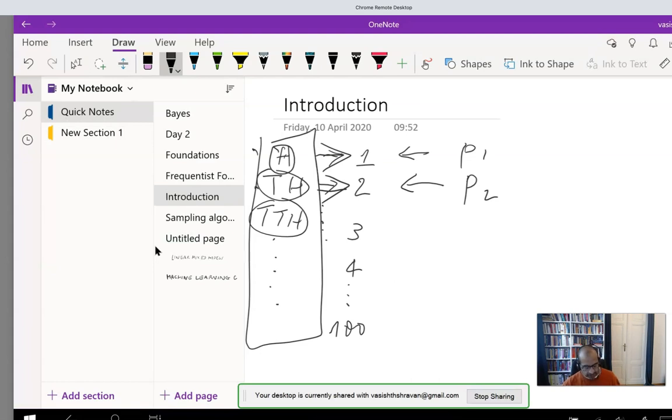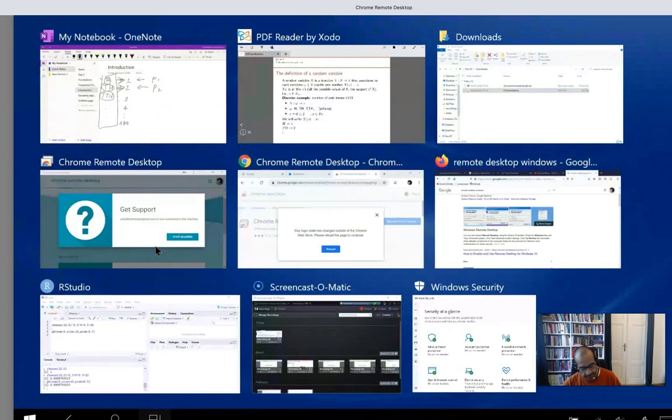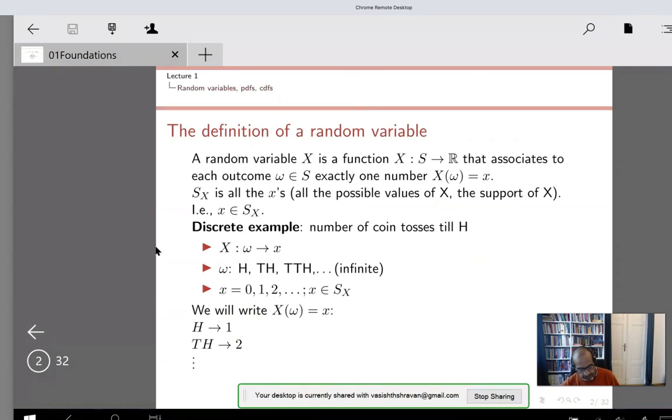Okay, so this actually leads us to formalizing the concept of a random variable, and the basic concept works like this. So we're going to assume that the underlying machinery that's generating this data, this possible set of outcomes, is a function called a random variable, which associates with every possible outcome omega that is in the set S some number, right?